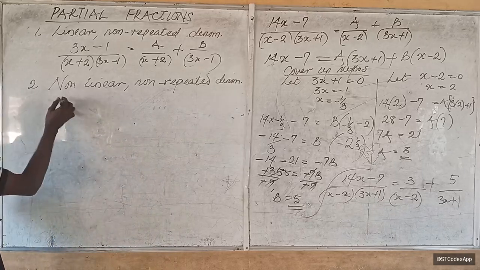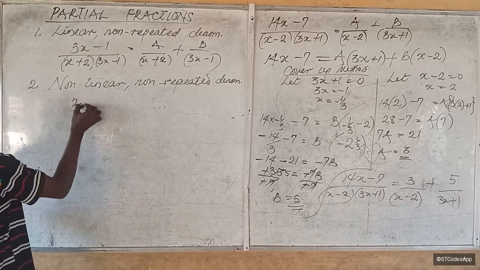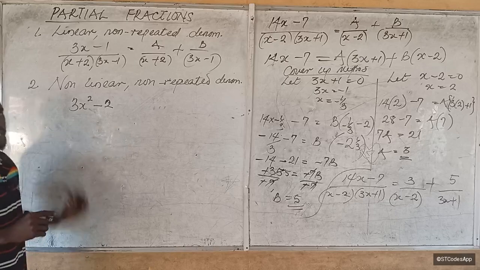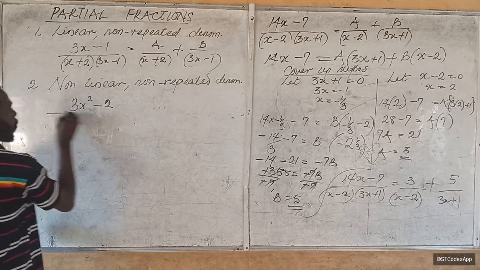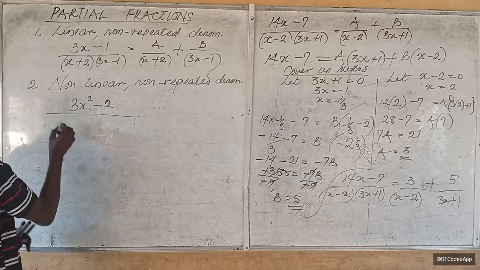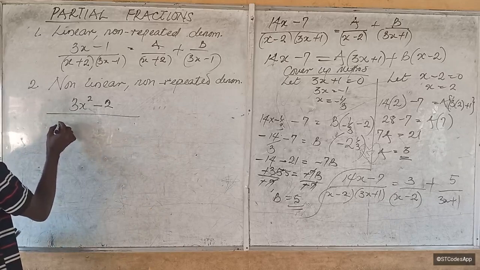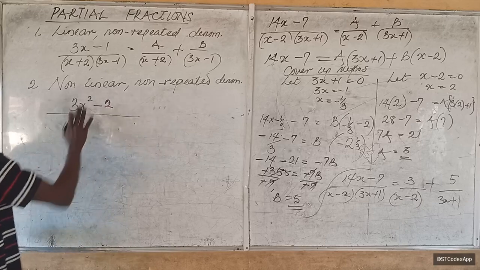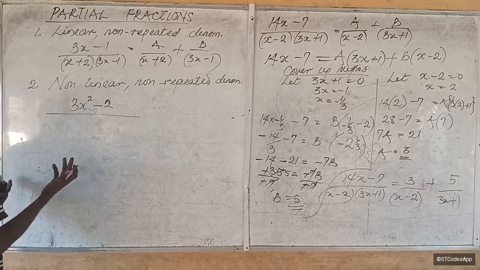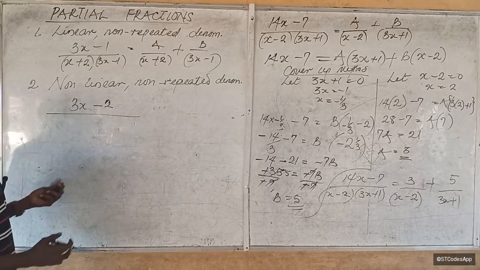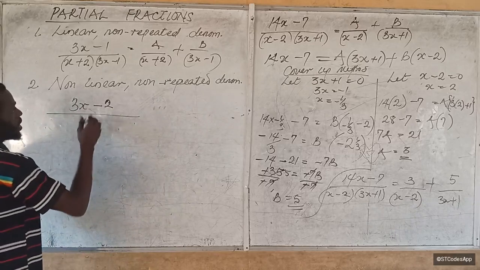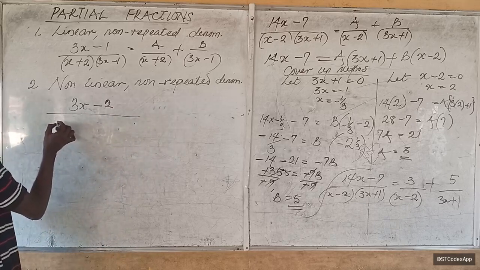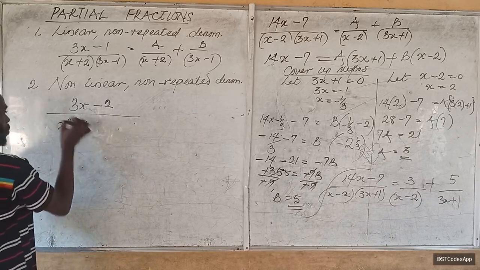My example is, I could have 3x squared minus 2, for example. This is non-linear. Then over non-linear, it's the denominator that we are talking about, right? I could still have a linear expression on top. So for the non-repeated denominator, say I have x squared minus 1.